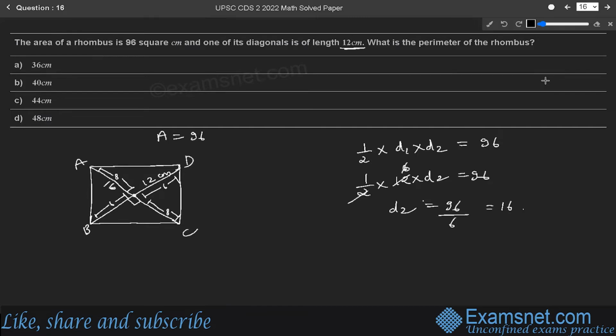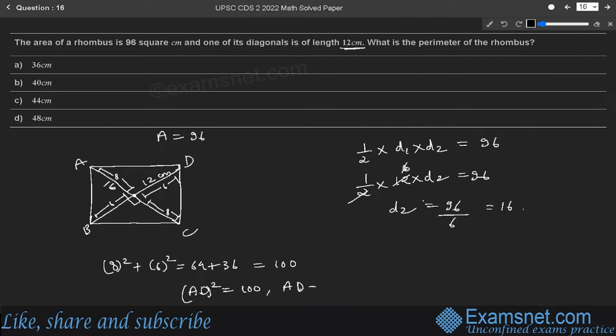Now you can see that we have got two sides, which are 8 and 6. So by Pythagoras theorem, we can find another side. So it will be 8 square plus 6 square, which is equal to 64 plus 36, which is equal to 100. And since we have to find the side, let us say AD square will be equal to 100.